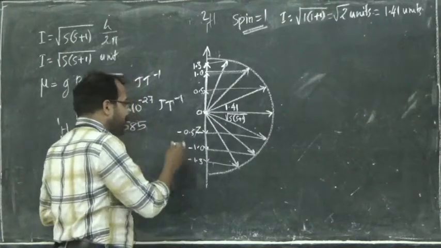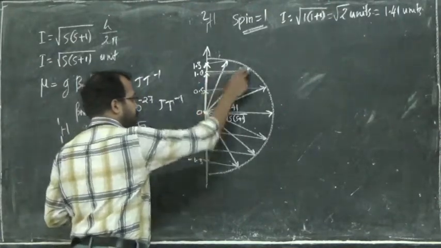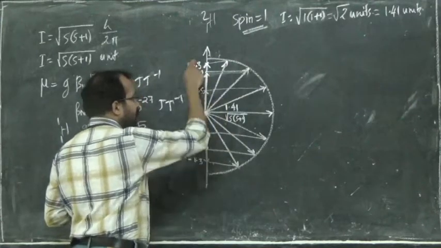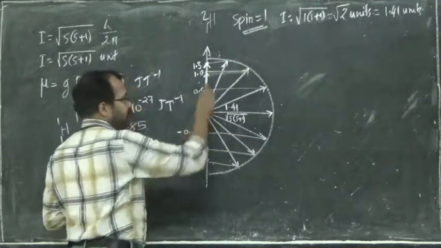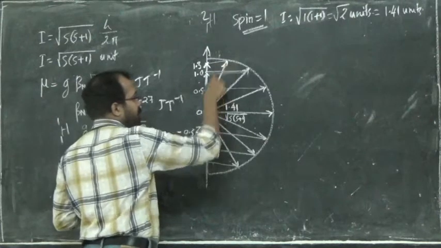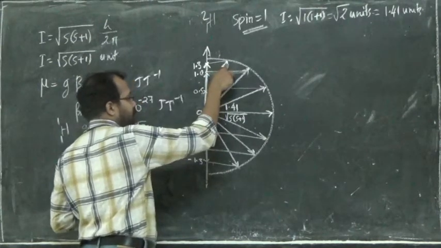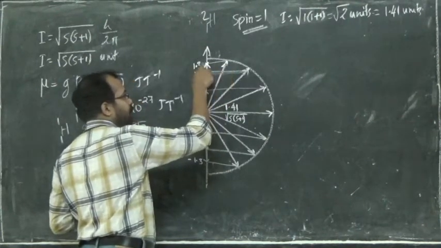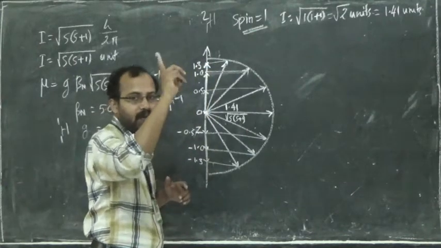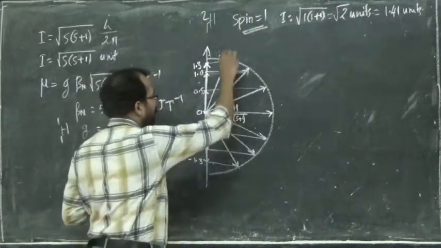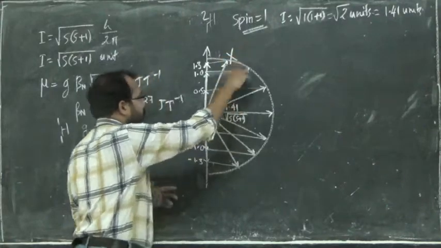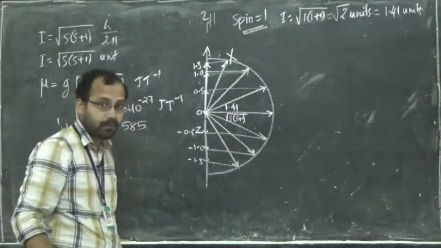We can check which of the angular momentum directions will have the component as the integral unit. Okay, let us take the first one, this angular momentum from here to here. This angular momentum has a component 1.3, that is not an integral unit. Therefore, this is not quantum mechanically allowed.